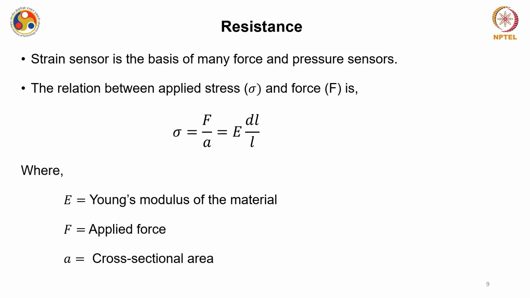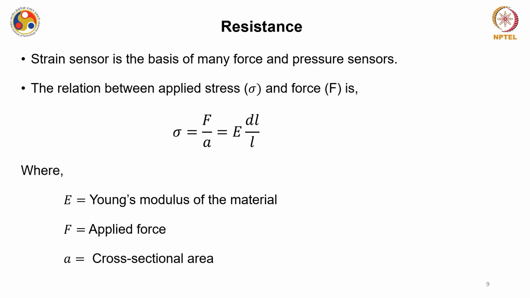So strain sensors can be built using resistance or using this piezoresistive effect, okay. And strain sensors are the backbone of many force sensors and many pressure sensors, okay. So these resistive devices are very crucial for strain gauges, or strain sensors, okay. We know the relationship between the applied stress and the force: the applied stress sigma is nothing but force per unit area.